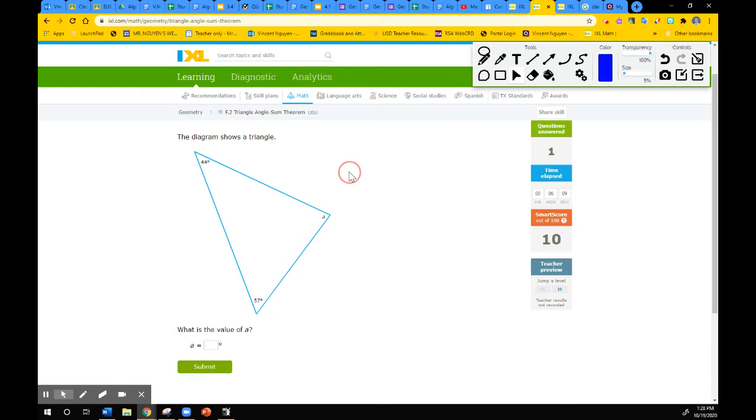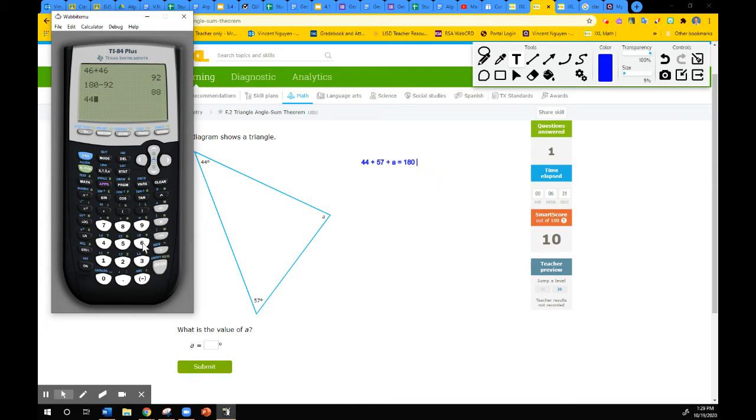So we have an equation that says 44 angle 1, plus angle 2, which is 57, plus angle 3, which is A, and all of that equals 180, right? The sum of three interior angles add to equal 180. So again, we're going to combine 44 and 57, and then we're going to subtract that from 180.